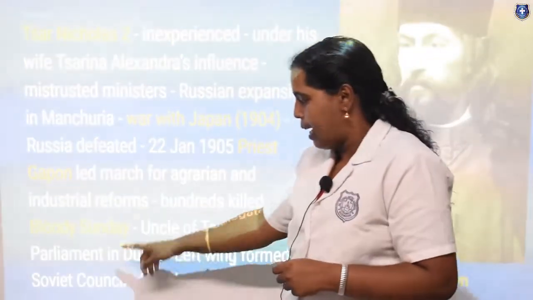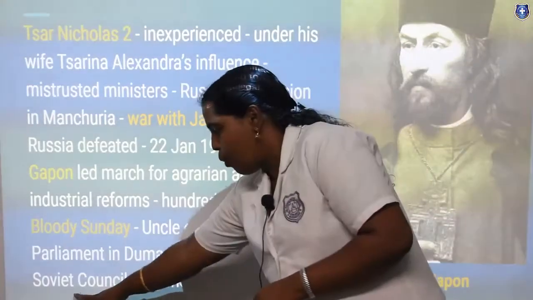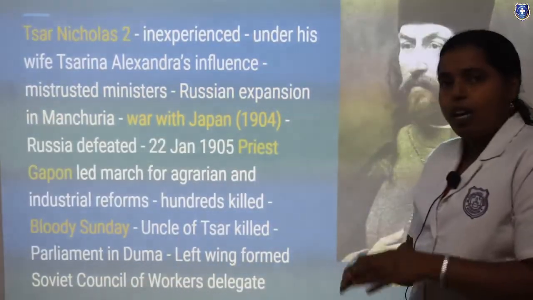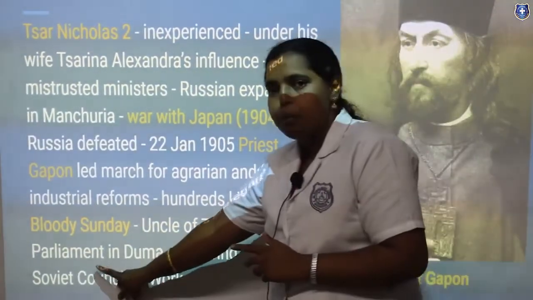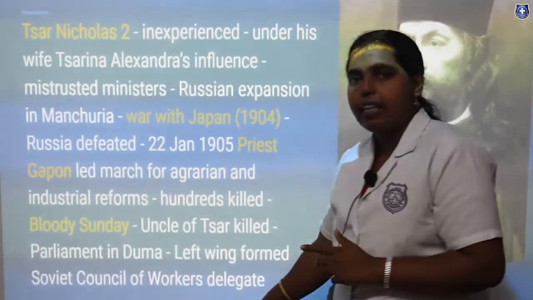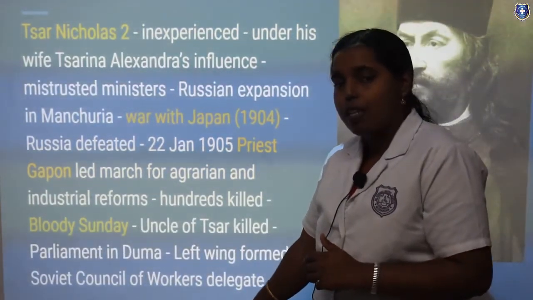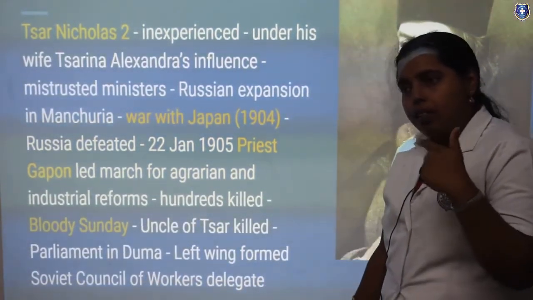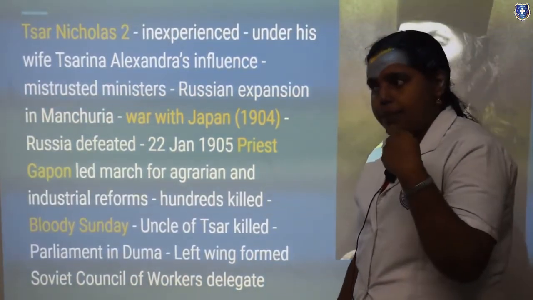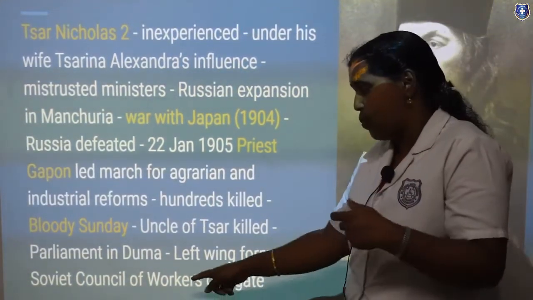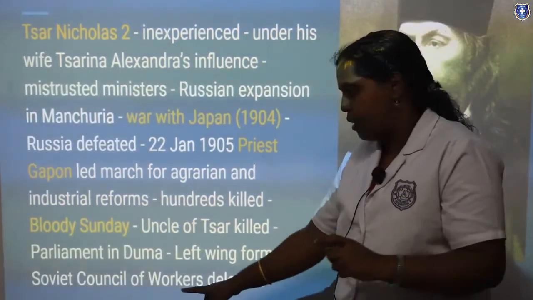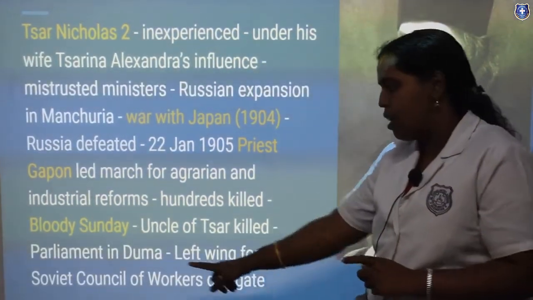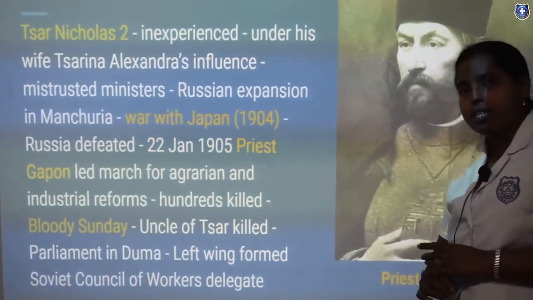So on the ruler's side they had the Duma, and on the opposite side they had the Soviet Council of Workers, a conference-like body. Whatever was announced in the Duma, they would fight against in the Soviet Council, assessing whether it was a proper or beneficial reform for the peasants.